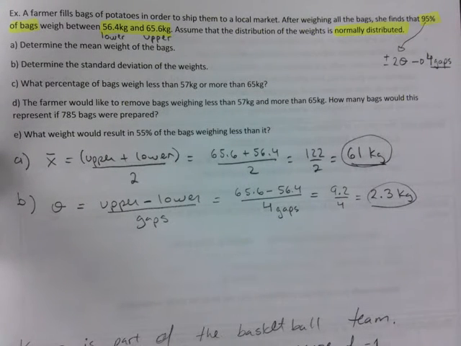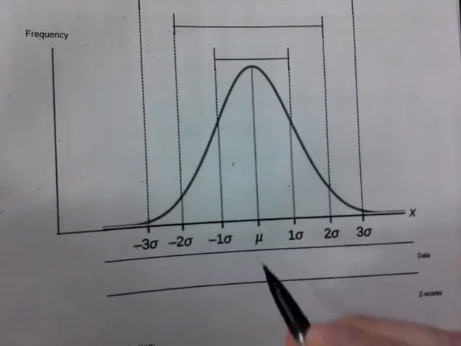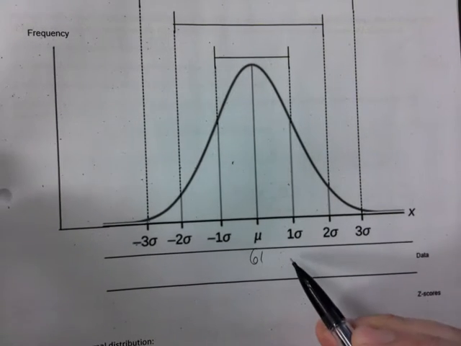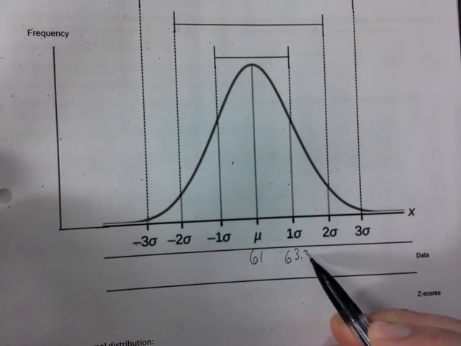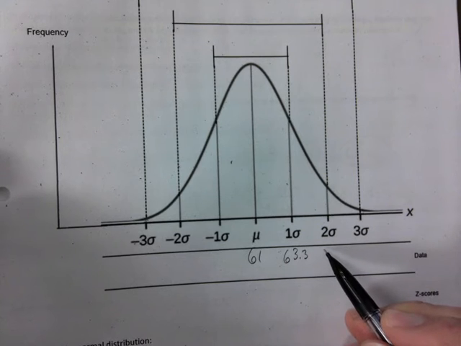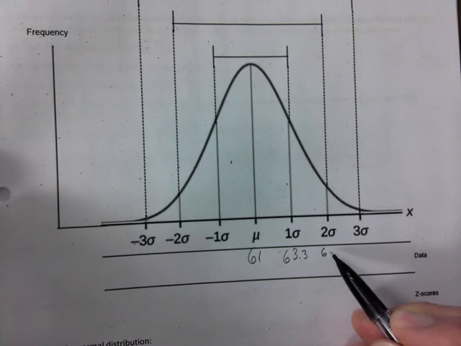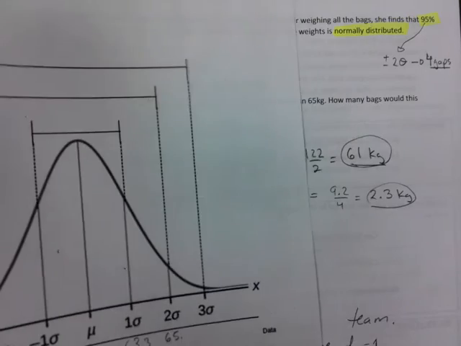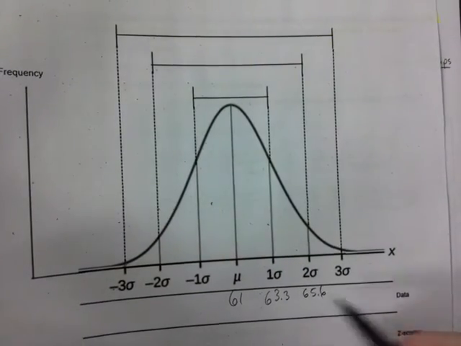You should be able to test this. You should be able to do that. So this should be, figure out that this is 61. So this would be 63.3. And this would be 65.6. Right?